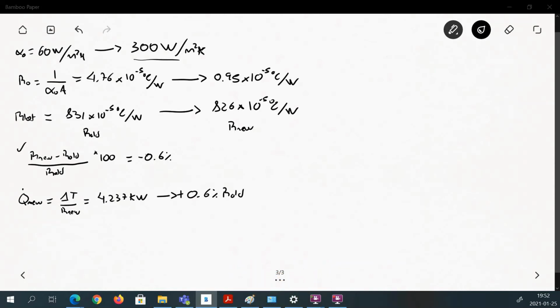For a 5-fold decrease in resistance due to this increase in the wind velocity, this 0.6% is practically negligible. This leads us to our final question.